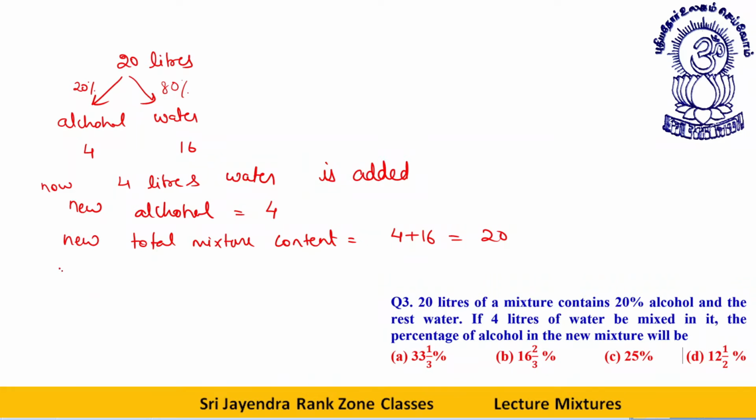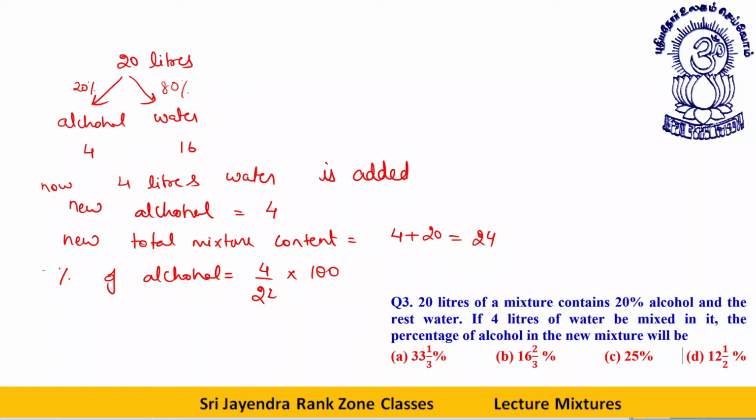So the percentage of alcohol now. What is the percentage of alcohol? The percentage of alcohol will be 4 by 24, 4 by 20 into 100. Okay, what am I doing, students? It's maybe not my day. This is 4 by 20. This is 24.